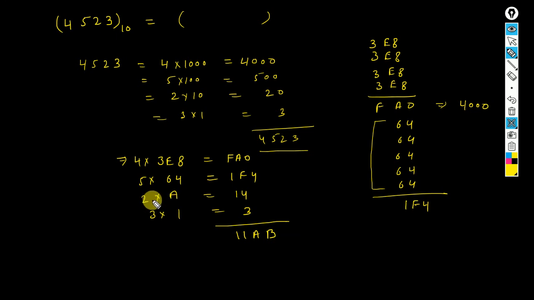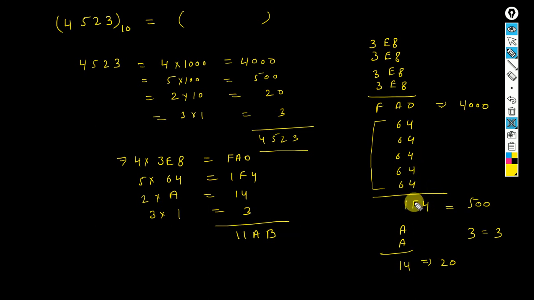And add A two times, so A plus A is 14. And 3 is in the unit place, so we add it one time, so this is 3. So this is your 500, this is your 20 and this is your 3.